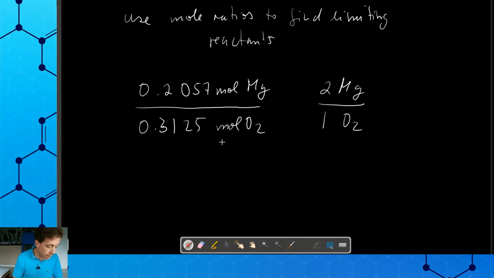So that means right here we've got 0.658 if we divide these two numbers, and that is obviously smaller than 1. So that means in this case that the denominator right here is dominating, and therefore the oxygen is in excess and magnesium is limiting.